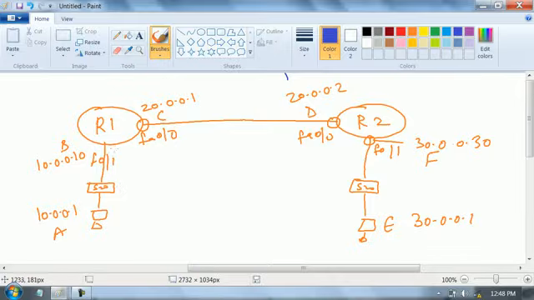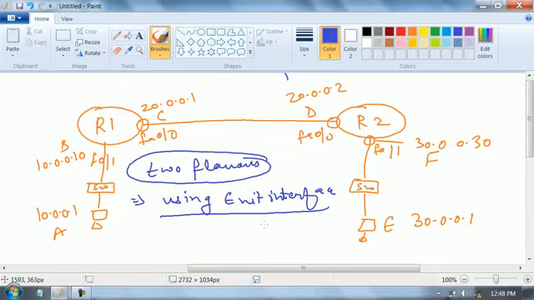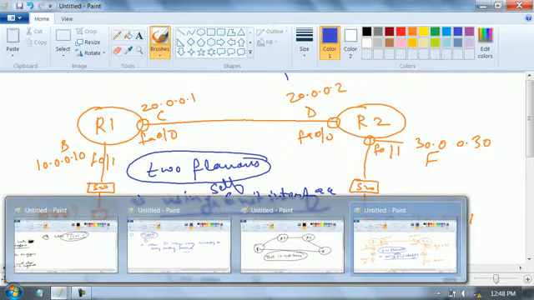Now, there are two flavors of static routing. First flavor is using exit interface. Okay, I will make this thing more clear by adding a word, using.